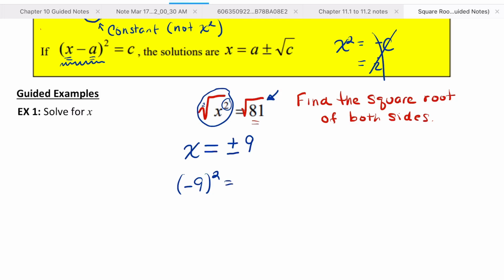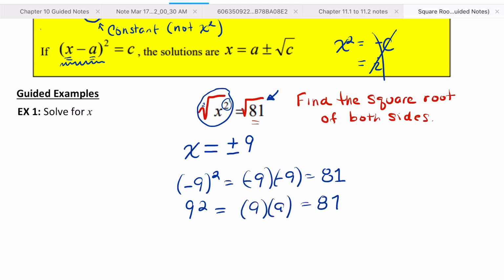Then I show you here that negative 9 times negative 9 is indeed 81, and of course, 9 times 9 is also 81. So there's your solution. You have x equals positive 9, and you have x equals negative 9.